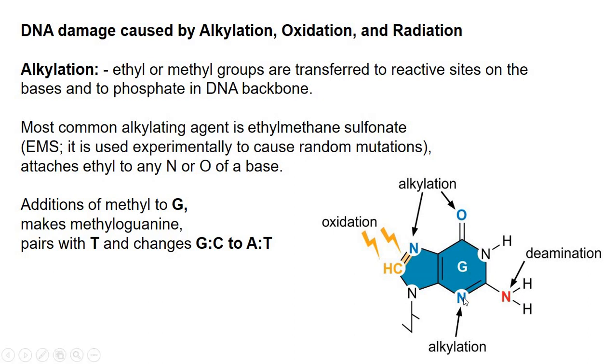If you add a methyl group here, it will make methylguanine, which will then pair with thymine. Alkylation can happen at either an O or an N, and oxidation can be due to, say, UV light. All these are different ways the DNA can be damaged.